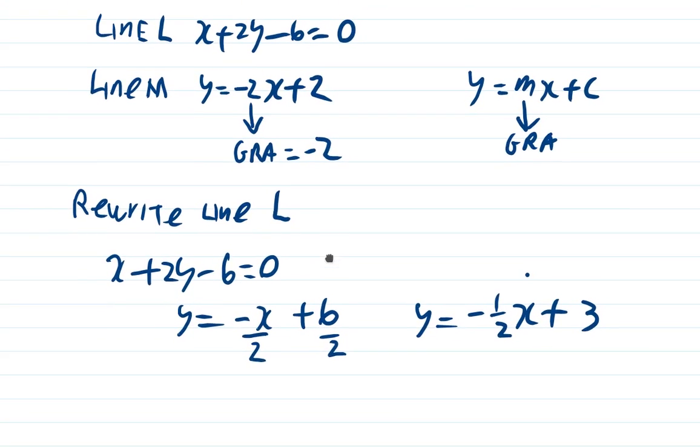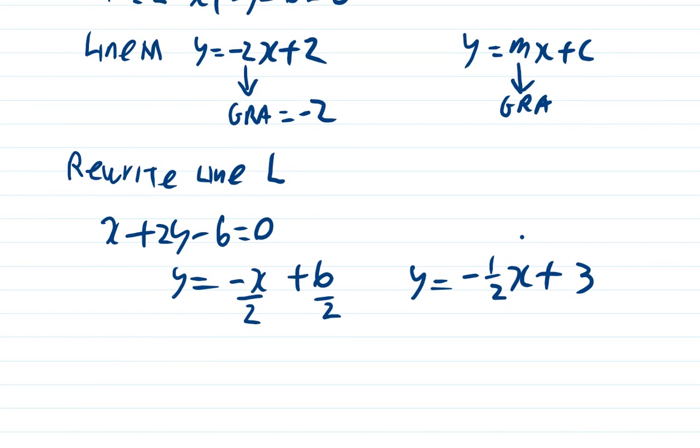Alright, so here now. The gradient of line L is negative half because this is line L. Remember, the gradient is the number that multiplies x, and the number that multiplies x is negative half.